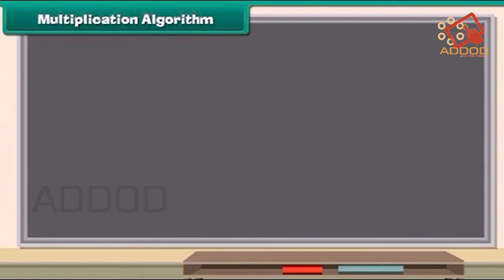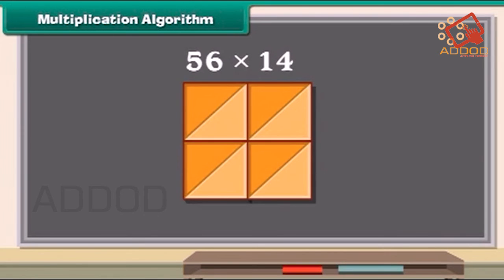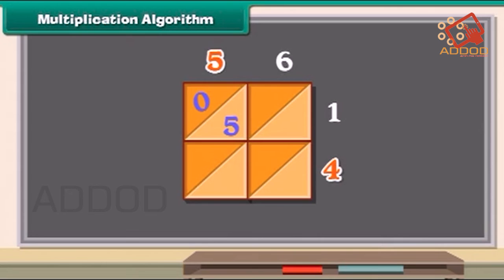Multiplication algorithm. Let us multiply 56 by 14 using the lattice multiplication algorithm. Write 56 across the top and 14 at the side vertically. First multiply 1 and 5. Write 5 in the ones place and 0 in the tens place. Then multiply 4 and 5 to get 20.